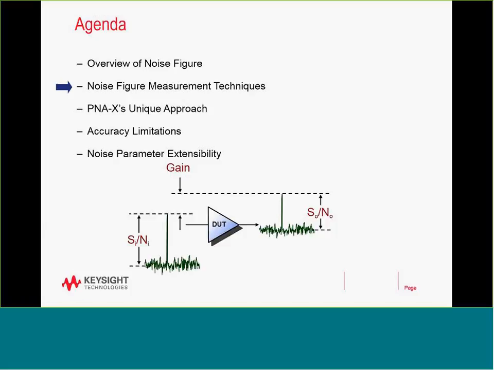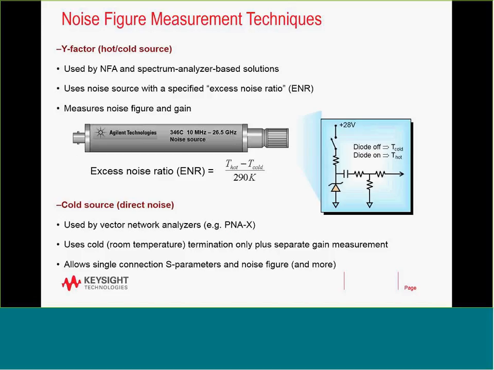So what exists out there today? There are really two techniques that are very popular. One is the Y-factor method that's used extensively with receivers, and the other is the cold source or direct noise method. There are a couple of others that are not very popular in multi-tone types of measurements, but these two are the ones really focused on in the test and measurement industry.